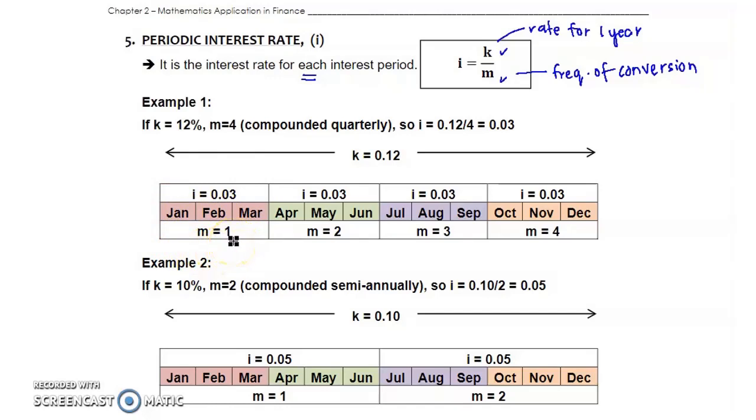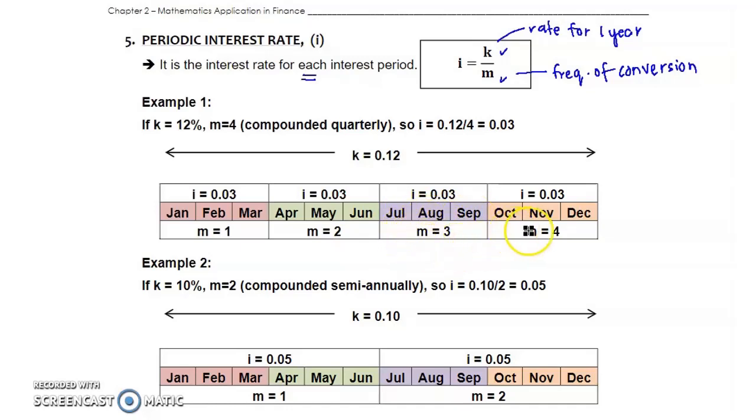First time we calculate the interest for the first 3 months. Next 3 months, April, May, June, calculate another interest, which is M equals 2. Second time we calculate the interest. Next, the third 3 months, July, August, September, and then here M equals 3.